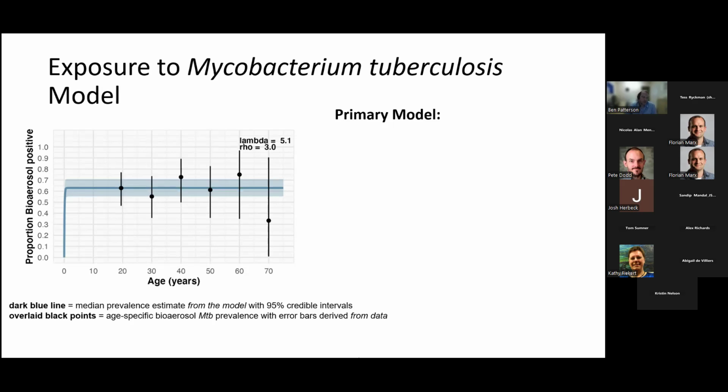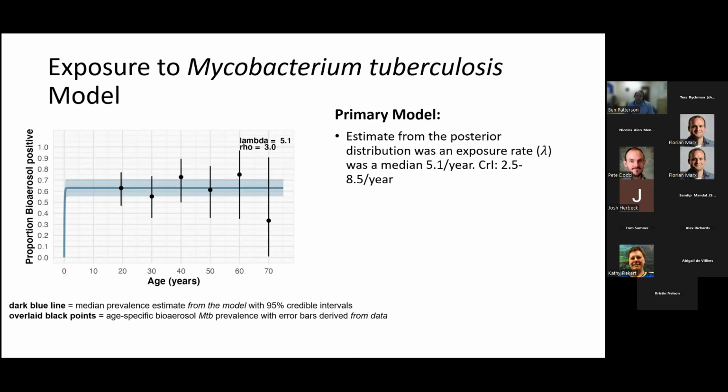Overlaid on that is the median prevalence estimate that came from the model, the dark blue line, and the lighter blue are the 95% credible intervals. This gave an estimate from the posterior distribution of an exposure rate that had a median of 5.1 per year, with fairly large credible intervals, but still high at 2.5 to 8.5.